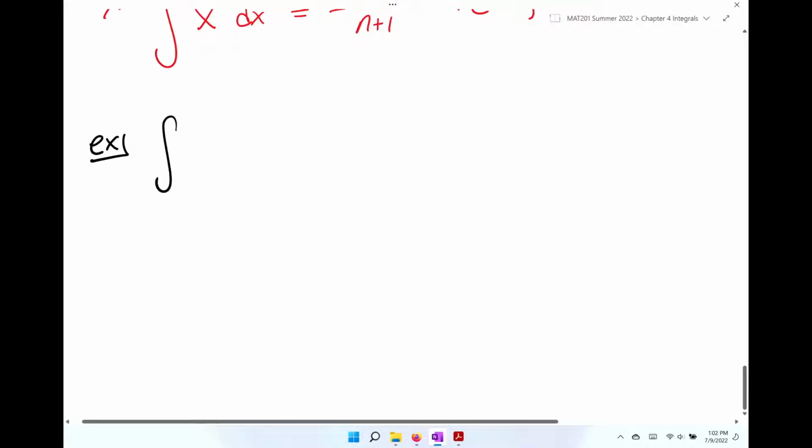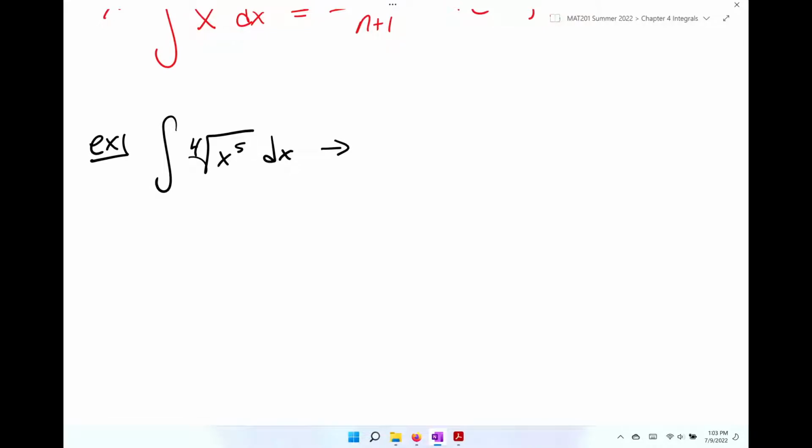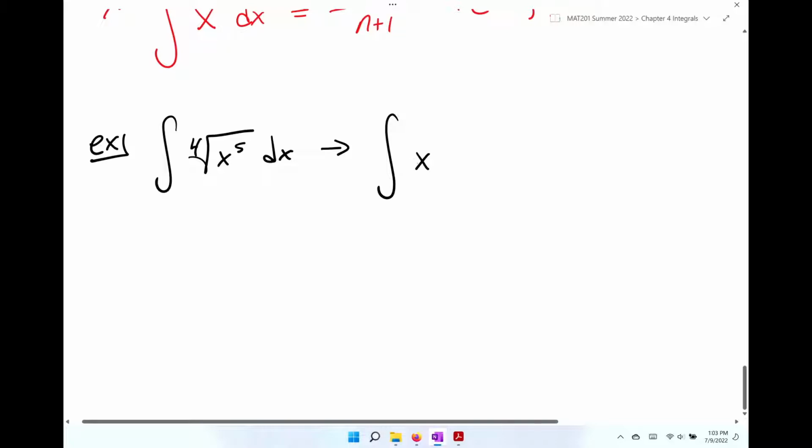We're going to integrate the 4th root of x to the 5th dx. Now, just like in derivatives, you sometimes have to algebraically manipulate what you've got to get it into a form that you can use for one of your properties. So what we're going to have to do here first is rewrite this as x to the 5/4 power. And then when we integrate, remember, we're going to add 1 to the exponent.